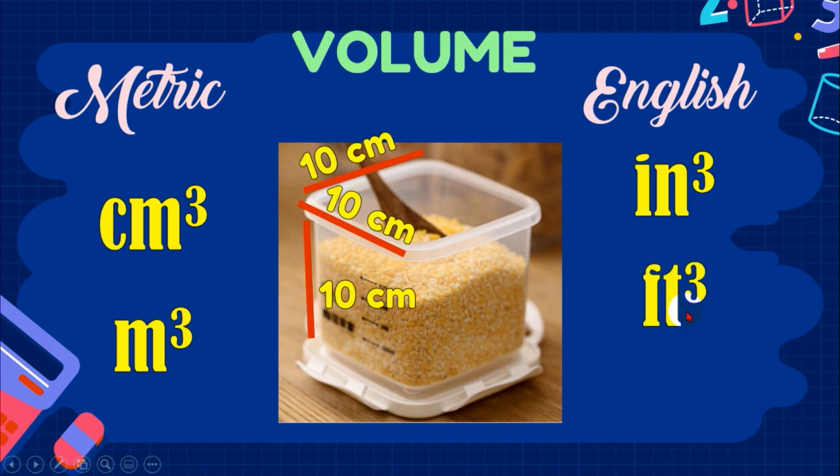Cubic feet is also used for swimming pools. You often see it. How many feet is that? So if you see, let's say, 6 feet, it still means how spacious the swimming pool is. And then, we have the cubic yards. Sometimes you also see these yards.